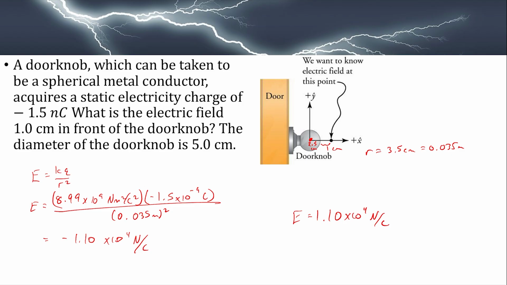But we're going to look at our direction. If I have a positive charge here, and the doorknob is negative, it's going to be attracted towards the doorknob. So our electric field is that, and it's going to be directed toward the doorknob.